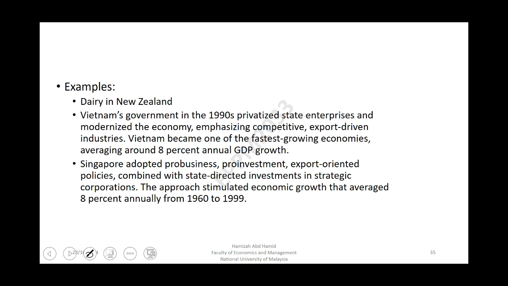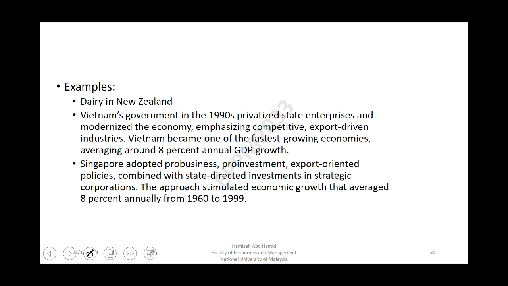A lot of countries are able to create this using whatever resources that they have, using whatever uniqueness that they have. We've just talked about dairy in New Zealand. Vietnam also did the same thing by privatizing and focusing on manufacturing and trading. Singapore developed itself by adopting pro-business, pro-investment policy.